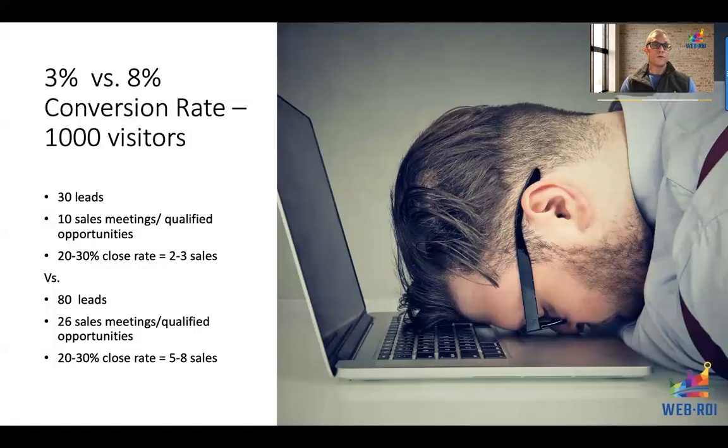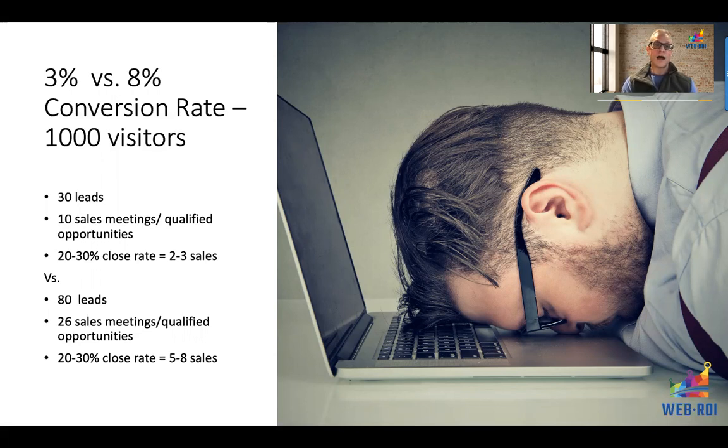So just to further illustrate the difference of 3% versus 8% conversion rate, let's say you had 1,000 visitors in any particular period of time. It could be over the course of a month or a week or a day for that matter, or several months. We don't know. It depends on the business. But out of those 1,000 visitors, if you have a 3% conversion rate, that means you're going to get 30 leads.